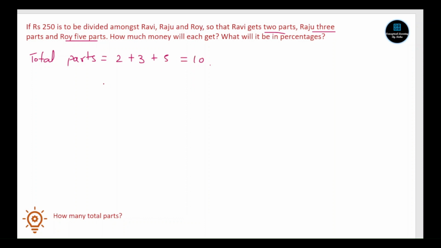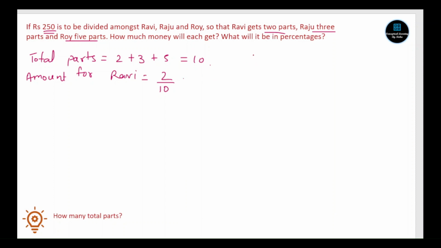Correct? Alright. Now the amount for Ravi. See, he got 2 parts out of total 10 parts. So 2 upon 10. And how much money is divided amongst them? Yes, it is 250.